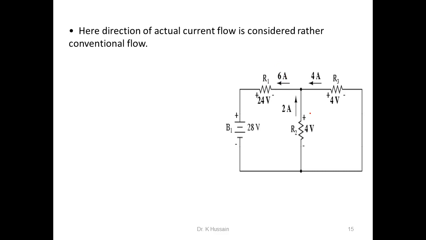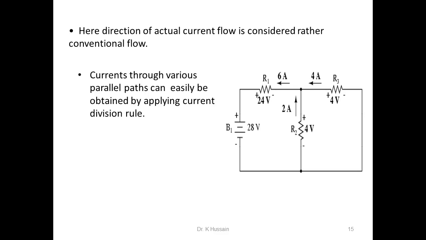So how much current flows in this branch and how much flows in that one, we can find out using current division. Currents through various parallel paths can be easily obtained by using the current division principle. Already in the previous problem also we used current division.